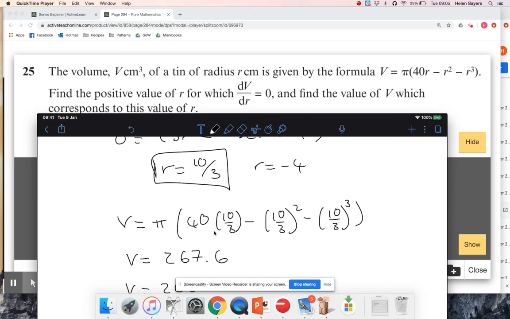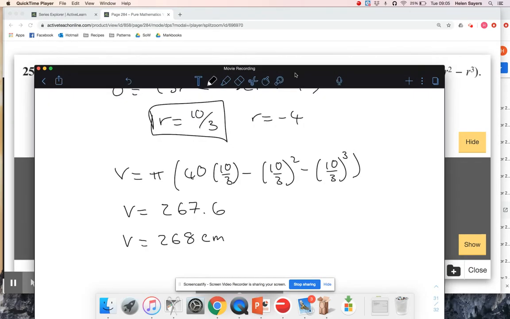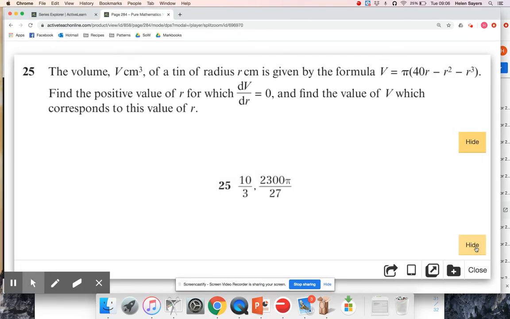I'm assuming we're in centimeters, so that would be centimeters cubed. If you put 267.6 as your final answer, you should be fine. Let me just double check. 2,300 times pi divided by 27. Yes, it gives us the same answer. Okay.